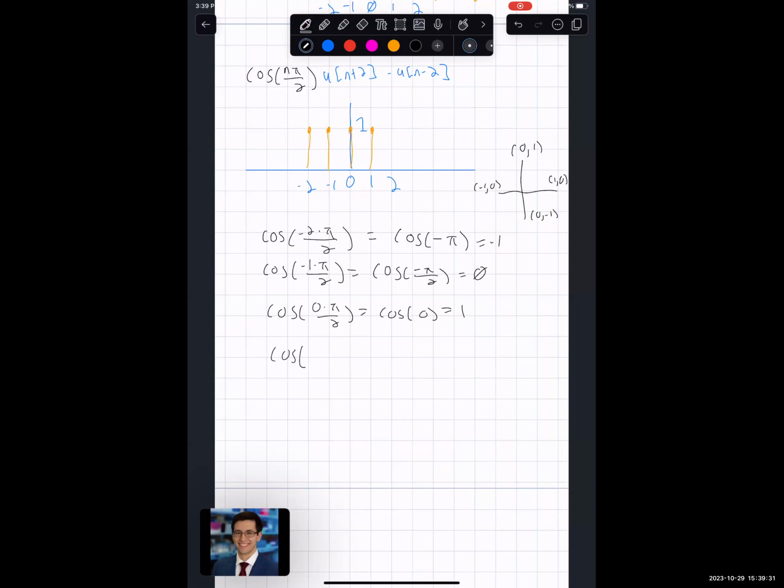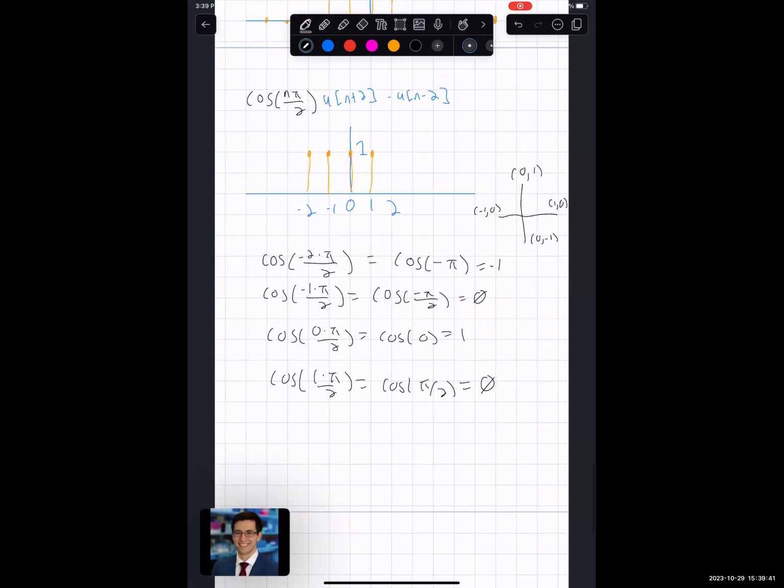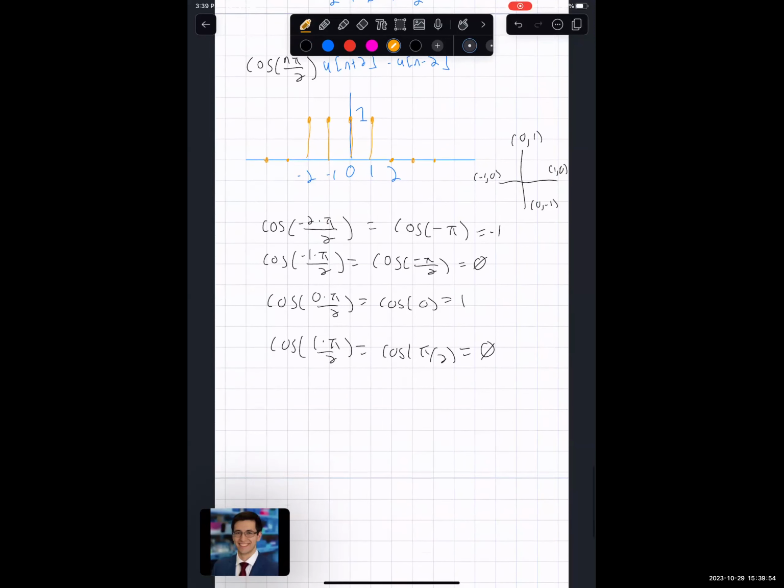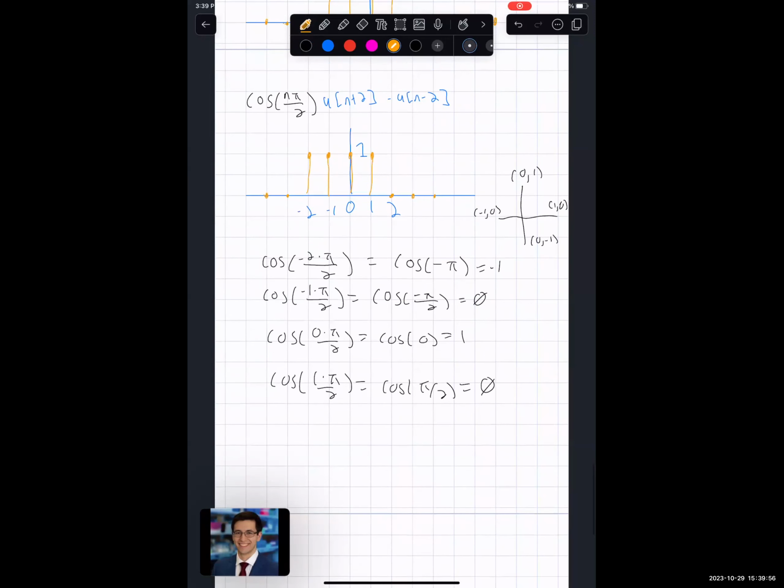And then cosine of 1 times pi/2 gives us cosine pi/2, which is 0. Okay, guys, so we have now evaluated our cosine function at the 4 time points that exist in this function. There are other ones that exist, but they're all going to be 0, so there's no point in evaluating them. Does anybody have any intuition for how these 4 points are going to turn out?